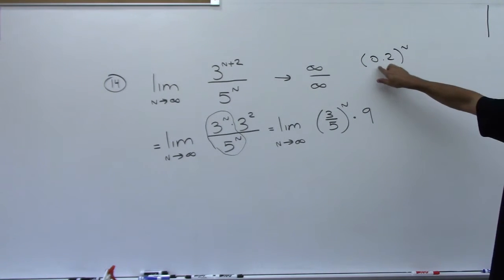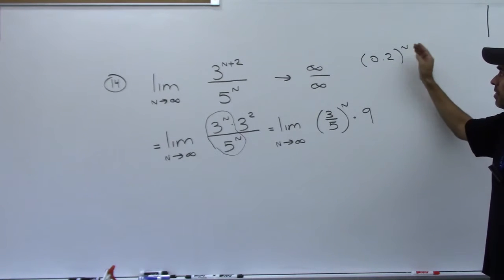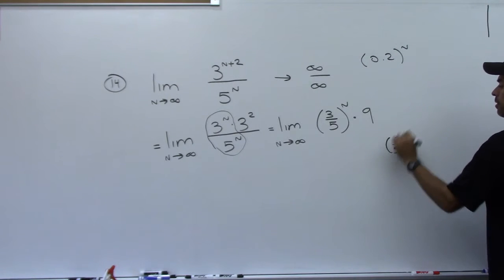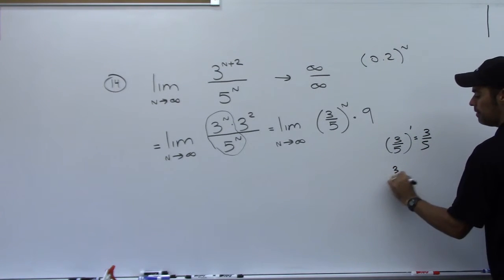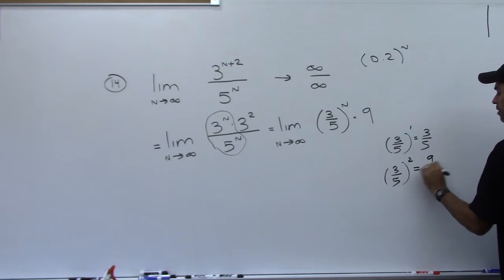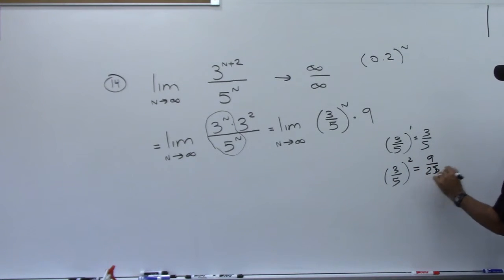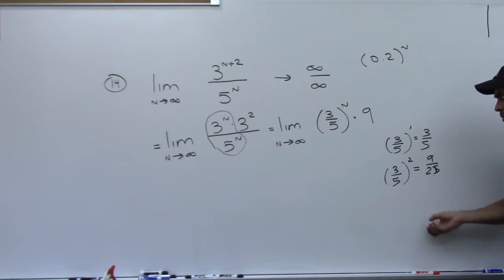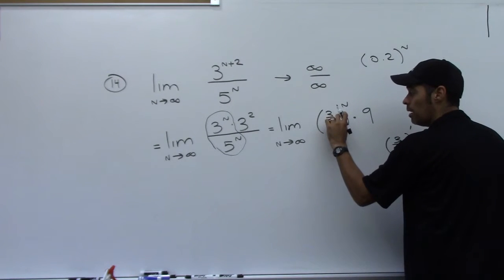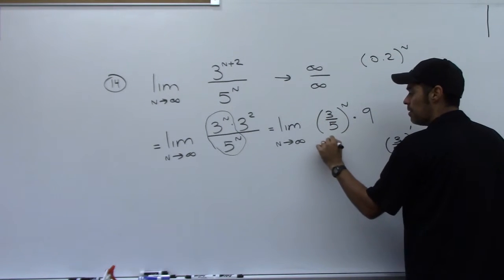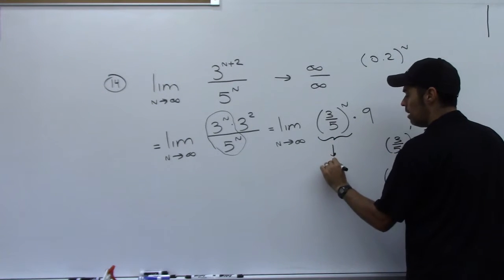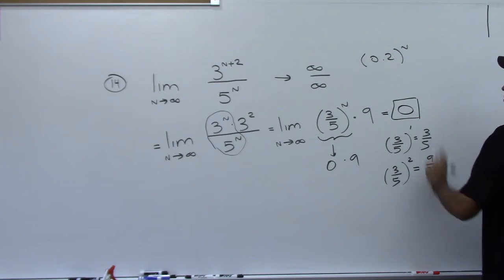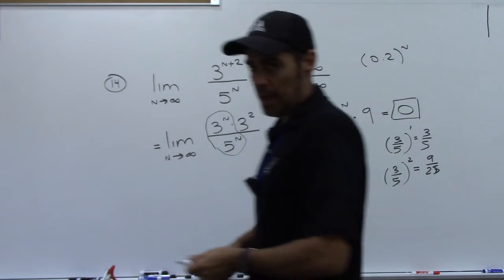We know that if the number in here is smaller than 1, then as you raise it to powers, it actually gets smaller, right? If I just look at 3/5 to the first power, it's 3/5. 3/5 squared is 9/25. And if you compare these two, this one is smaller than this one. And then as I keep going, it gets smaller and smaller and smaller. So as long as the number in here is less than 1, it's going to get smaller. And so this piece right here heads to 0. And then times 9, that doesn't really matter. The whole thing is converging to 0. So I did not need L'Hopital's rule for that.